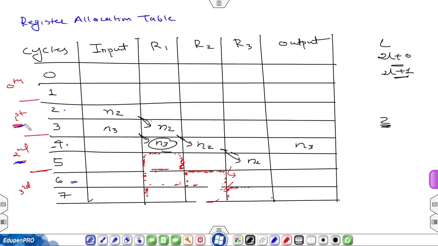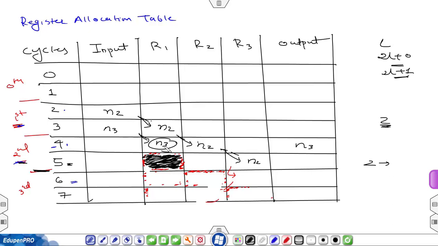So in the third cycle of first iteration, N2 is in R1. In the next iteration, that is the second iteration, during fifth cycle, register R1 will be occupied by the variable generated by adder 2 in some different iteration.